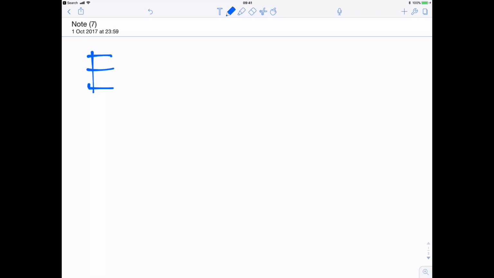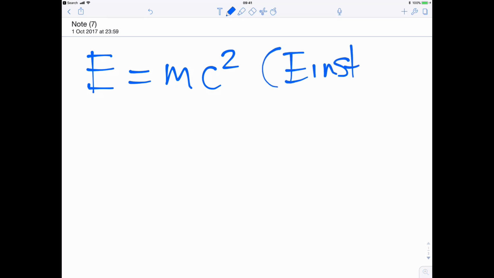So E equals mc squared. This is Albert Einstein's famous equation, which tells you that the energy of an object is equal to the mass of the object times the square of the speed of light in a vacuum.